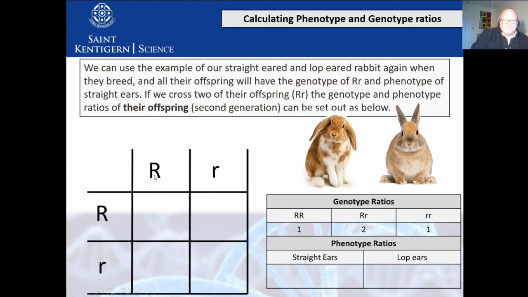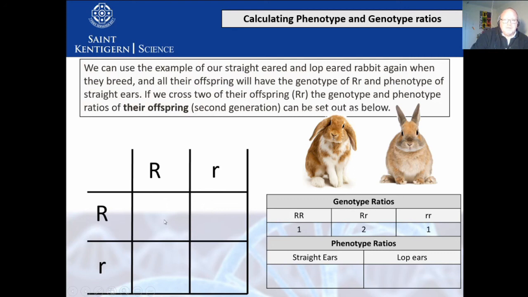So if you have somebody that's heterozygous, they currently have straight ears. It means that the straight ear is dominant and the lop ear is recessive. Then this guy, in production of his sperm or egg, gives a big R, that's the one chromosome, or the small r.